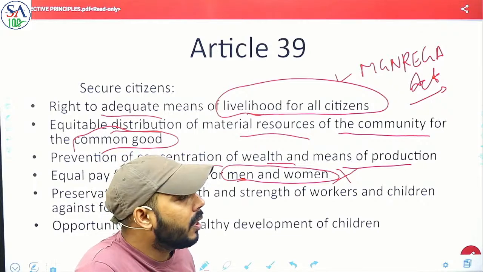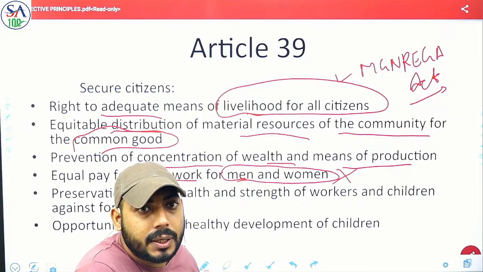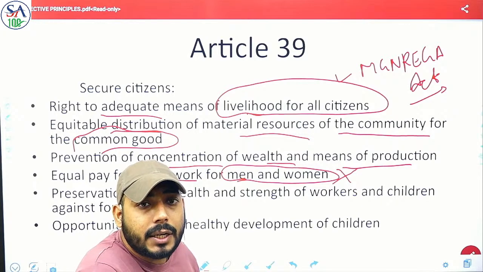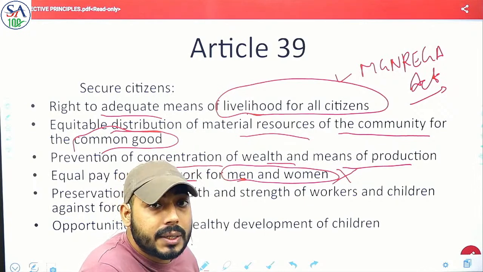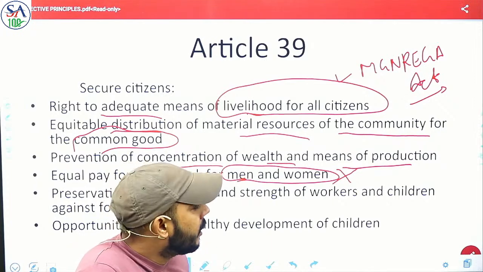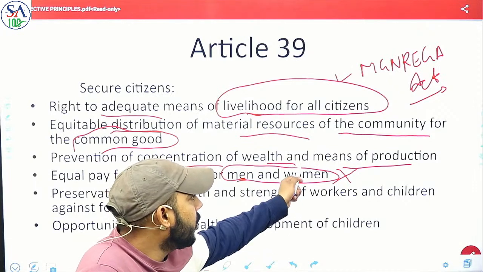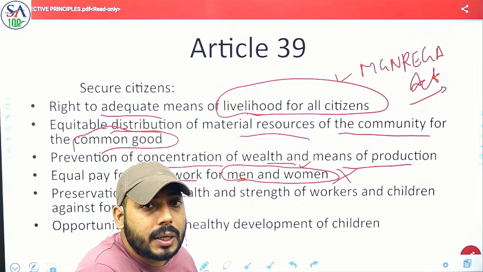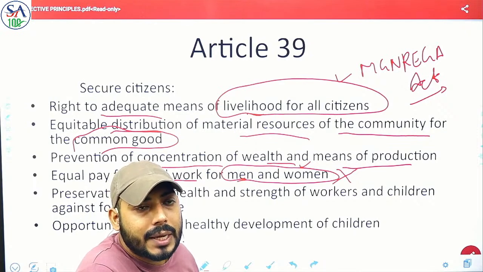Still, a remarkable change has been seen in this regard. Women are coming forward in different fields and some get more salary than their male counterparts. But still, a large number of women are lagging behind. So it is a responsibility of both society and the state to ensure that for the same work, men and women get equal salary.